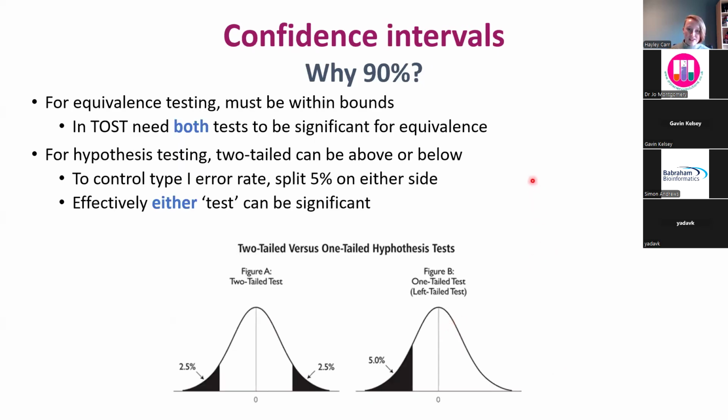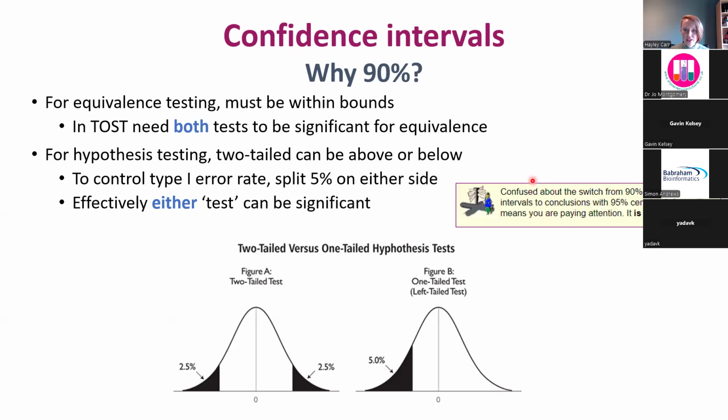So coming back to why 90% confidence intervals, this is confusing, as admitted by GraphPad Prism. This is where I pulled this from. It says, confused about the switch from 90% confidence intervals to conclusions with 95% certainty. Good, that means you're paying attention and it is confusing, and that's about as much as they say. So I've tried to put this in a way that hopefully makes sense, but it is quite confusing.